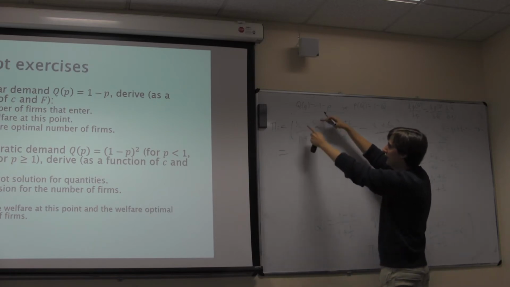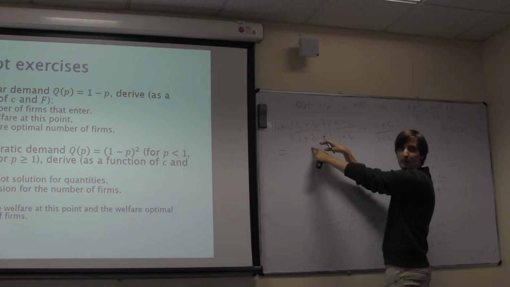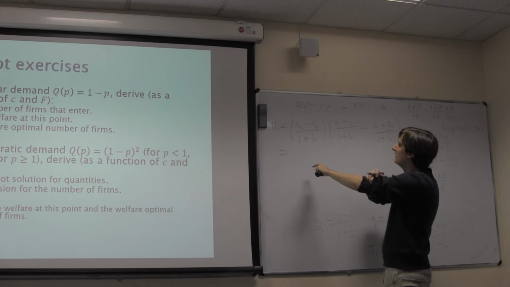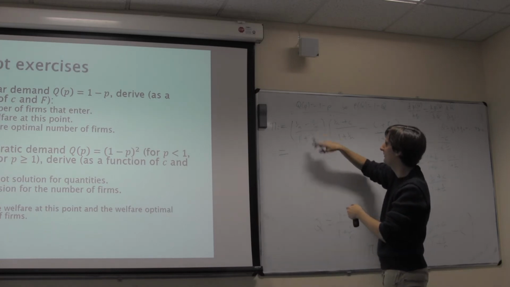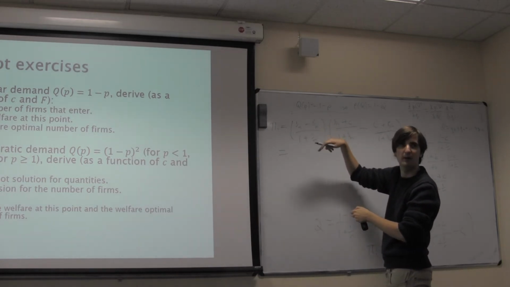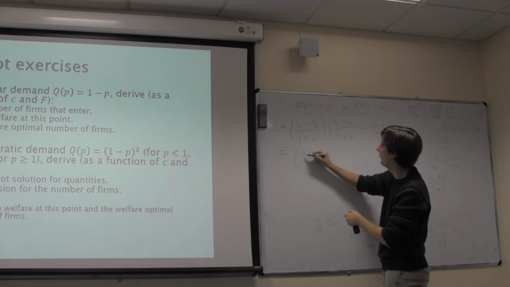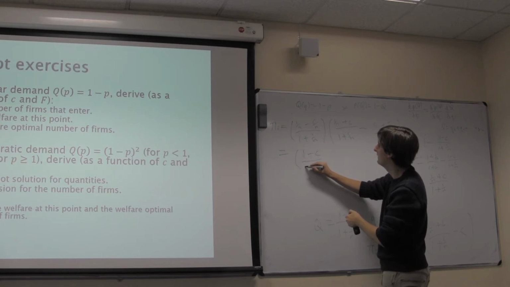What we've got here is 1 over n minus c over n, all divided by 1 plus 1 over n. So it's going to be this thing squared. And in fact, we can simplify this a bit by multiplying top and bottom by n. If you multiply top and bottom by n, you're going to get 1 minus c over 1 plus n, all squared.